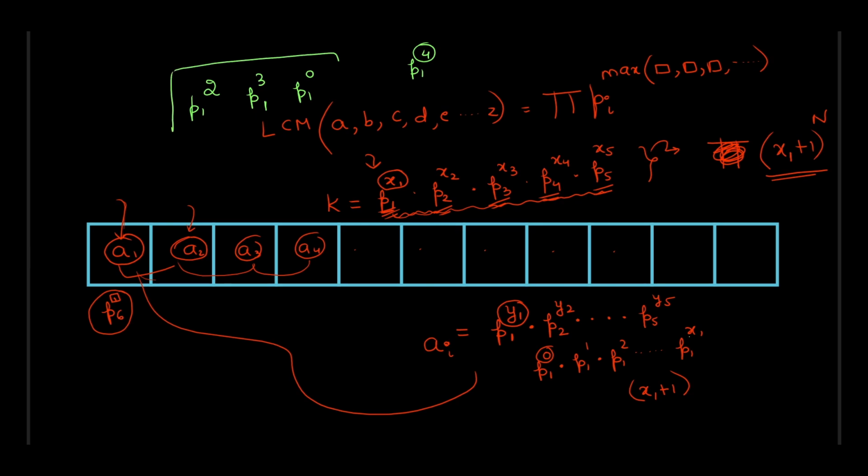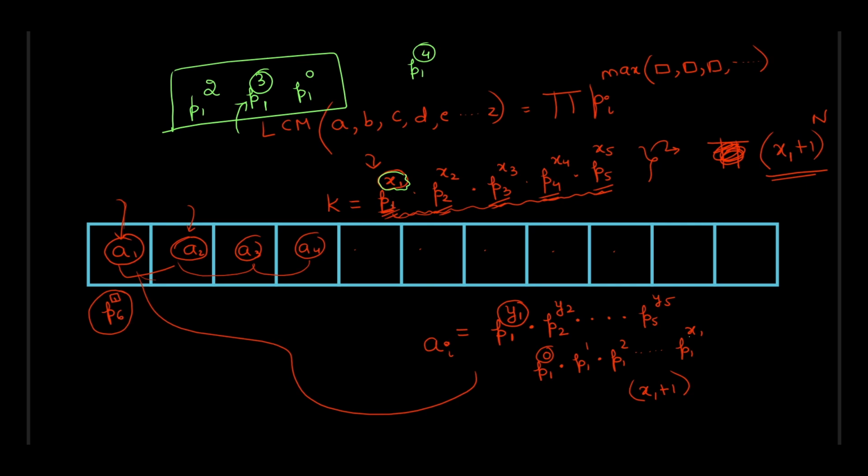But then their LCM would be p1 to the power 3, because the max is 3. So we are not enforcing that the max has to be achieved, but we have to enforce that for the LCM to become p1 to the power x1 for this prime factor.